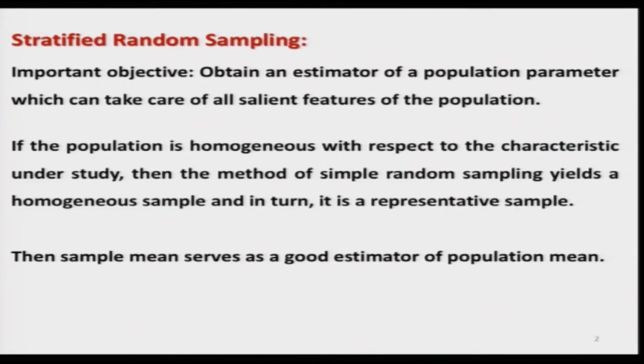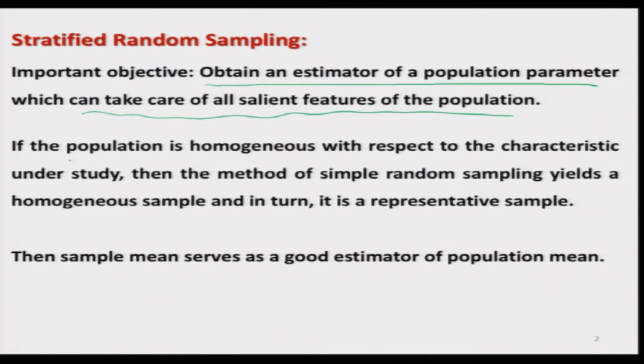Whenever we are trying to consider a sample survey or we want to draw a representative sample, the basic objective is that we want to obtain an estimator of the population parameter like the population mean or population variance, and the expectation is that this estimator should take care of all salient features of the population.